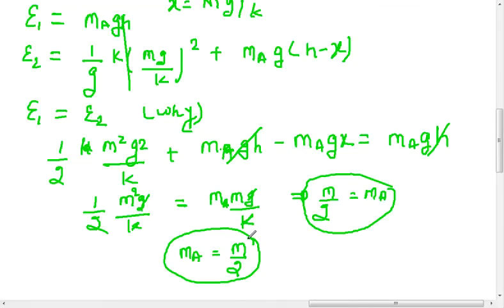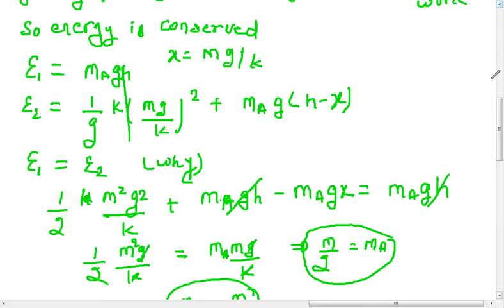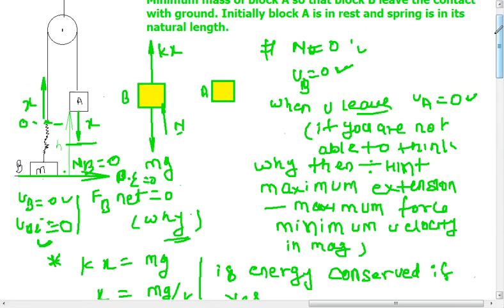If you become an engineer, and you want to lift some very heavy thing, or if you have to design a structure to lift a very heavy thing with the help of a simple machine, you can lift this block b with half of its mass.